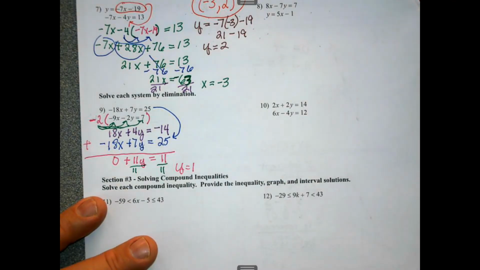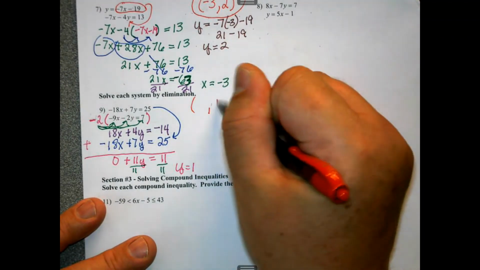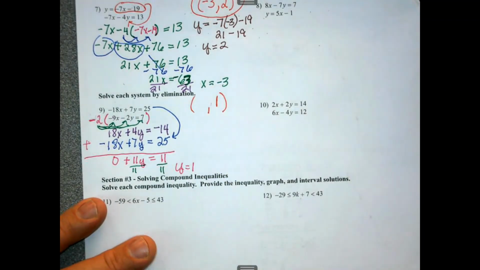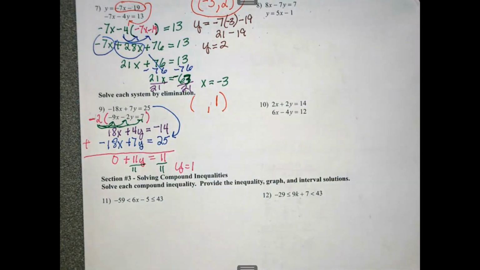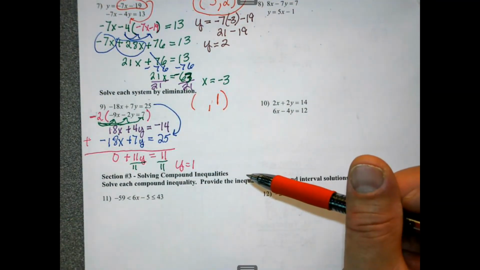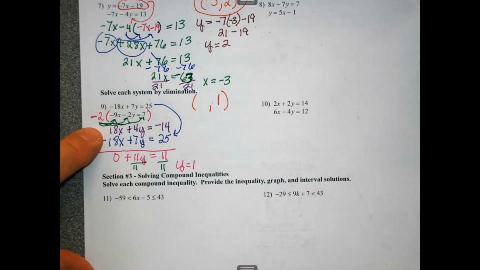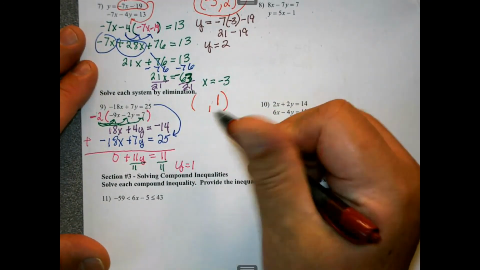So I'm going to get intersecting lines here where my y is going to equal 1. I'm going to go back and pick one of the original equations. And I think I'll pick the bottom one only because the numbers are a little bit smaller.